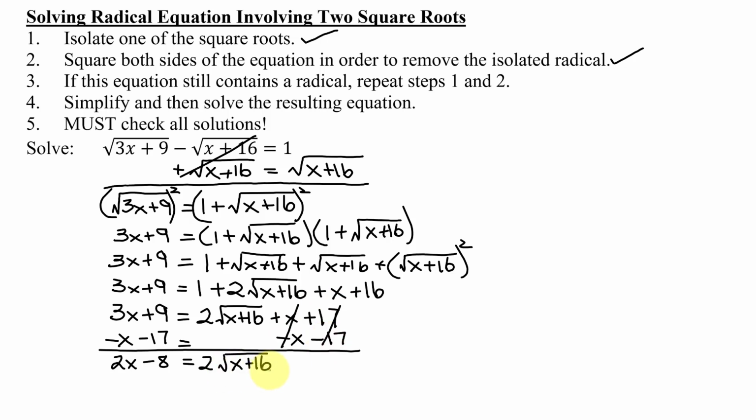So to isolate my radical, I need to divide both sides by 2. On the left-hand side, I'm going to divide each term by 2. And on the right-hand side, I just have one term to divide by 2.